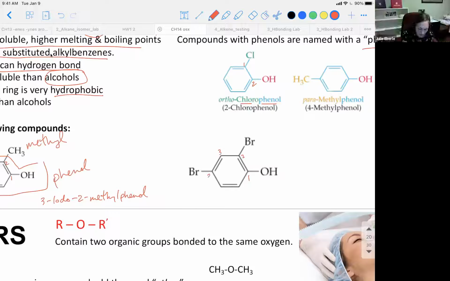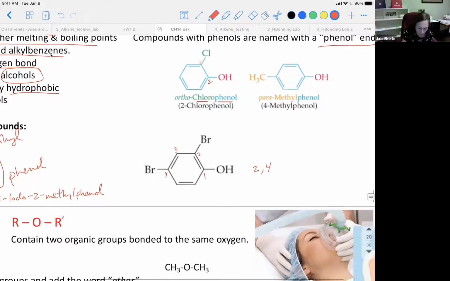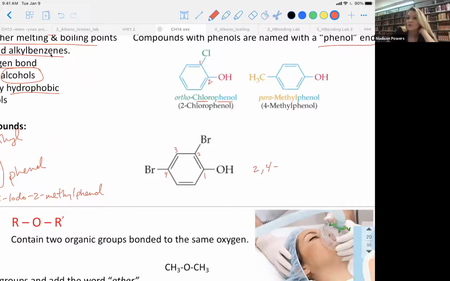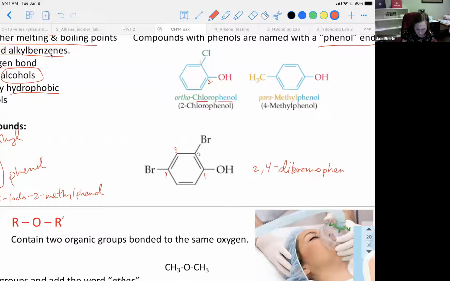Missing one little part. What are you missing? The double bonds, I need to say where they're at. No, 2,4, you've got 2 bromos, so we need a prefix. Oh, dibromo. Thank you, Abby. Yep. Dibromophenol.